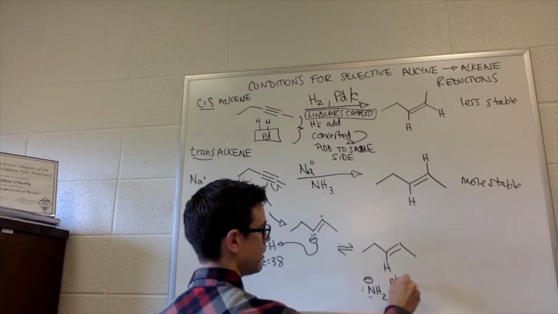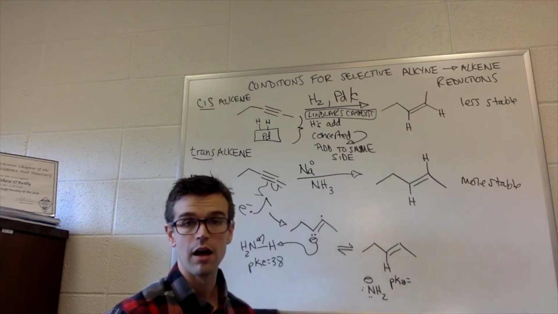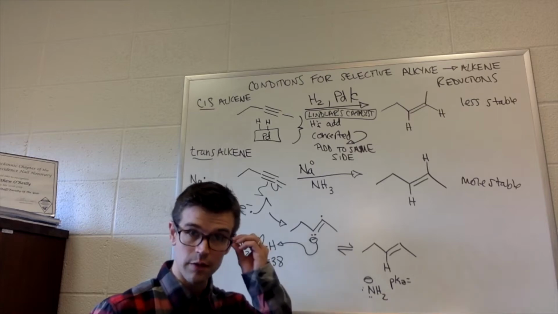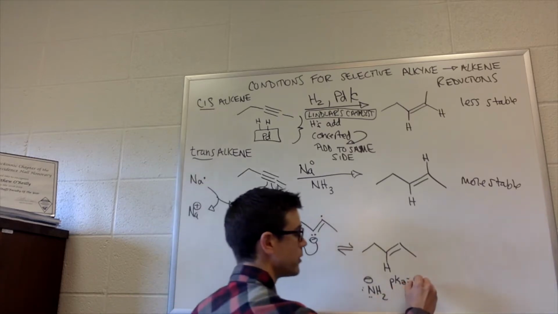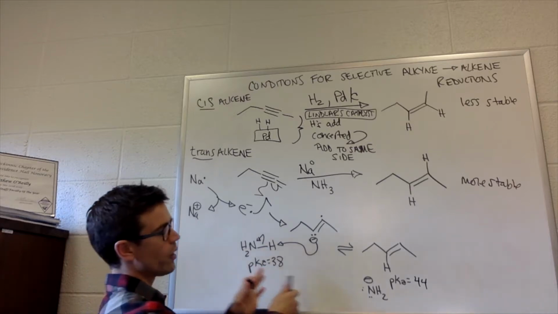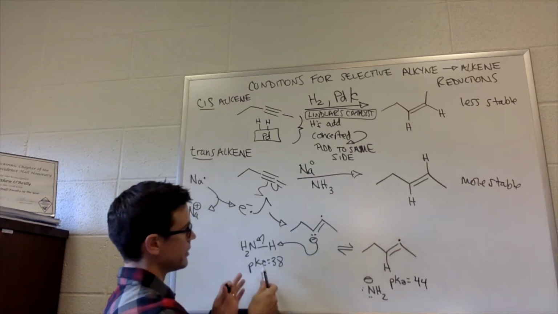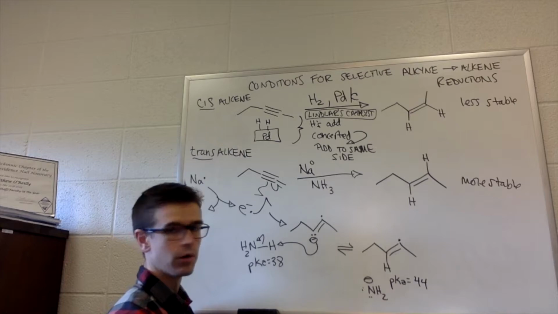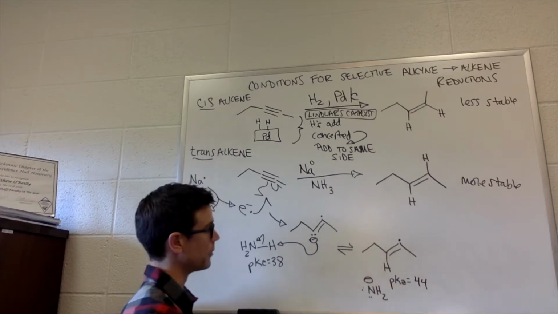The pKa of a hydrogen off of an alkene is another one that you should know. That's 44. So the equilibrium is moving away from the stronger acid here. This should work no problem.